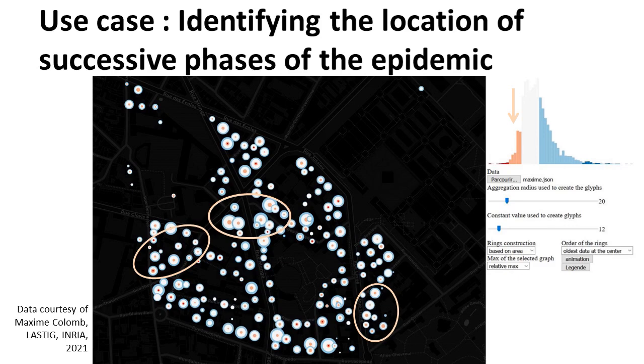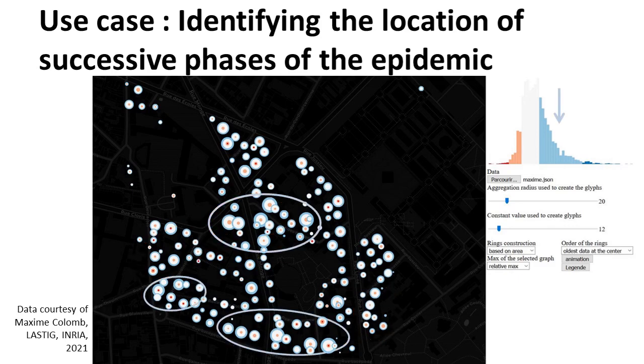But the user could then look for glyphs presenting a higher proportion of blue color in order to see where there are still concentrations of new events after this large peak of the number of cases, during the decreasing period of the epidemic in this area.